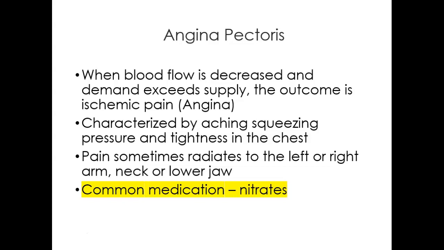So when people first have angina, they may go into their doctor and say, I'm having a heart attack, and then they eventually get diagnosed with either stable or unstable angina, and they can take medications to help dilate and give them more oxygenated blood flow. One of the most common medications for somebody with angina pectoris are the nitrates, nitroglycerin. So I want you guys to know that for upcoming quizzes or exams.